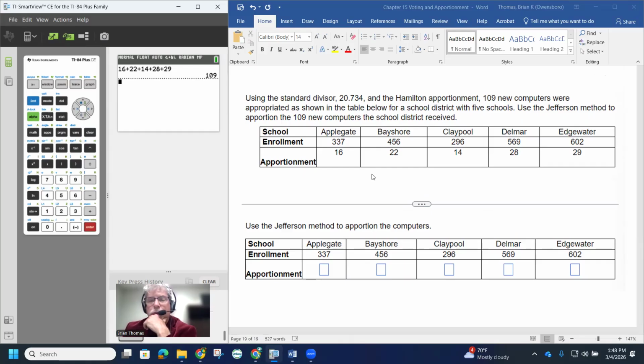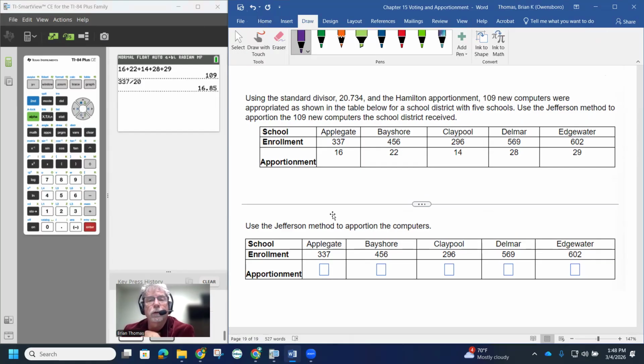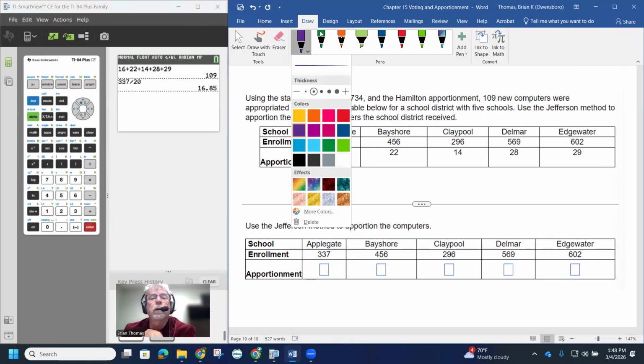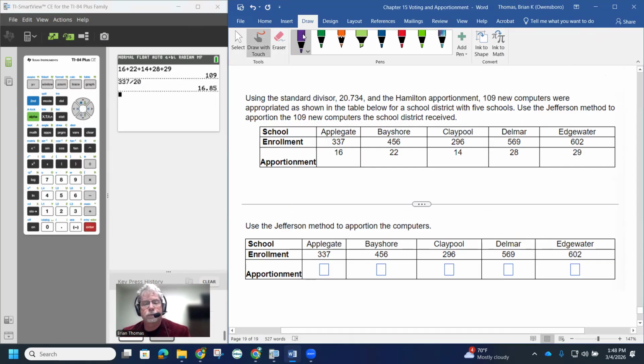So I'm going to divide the 337 by 20, and I'm going to get 16.85.